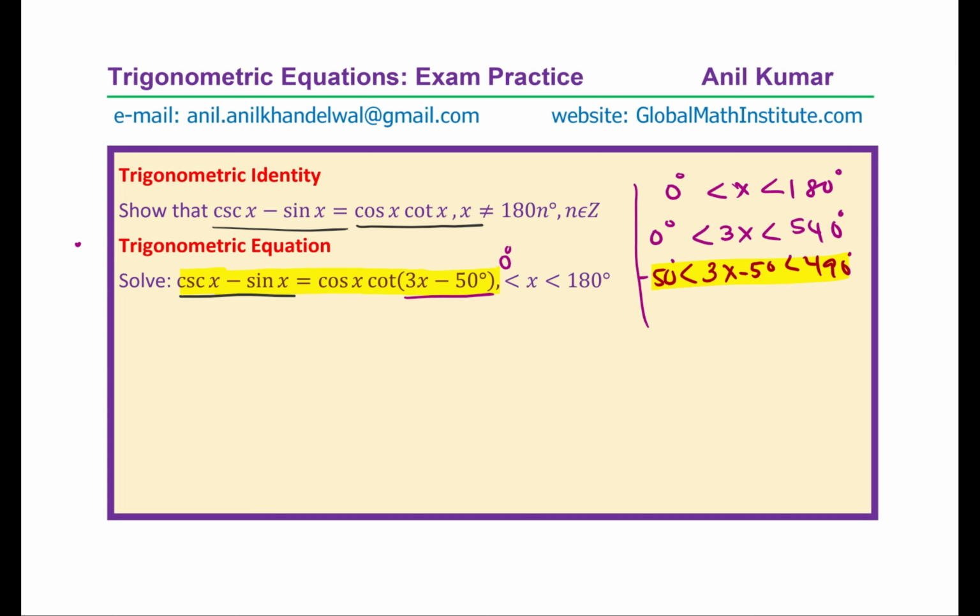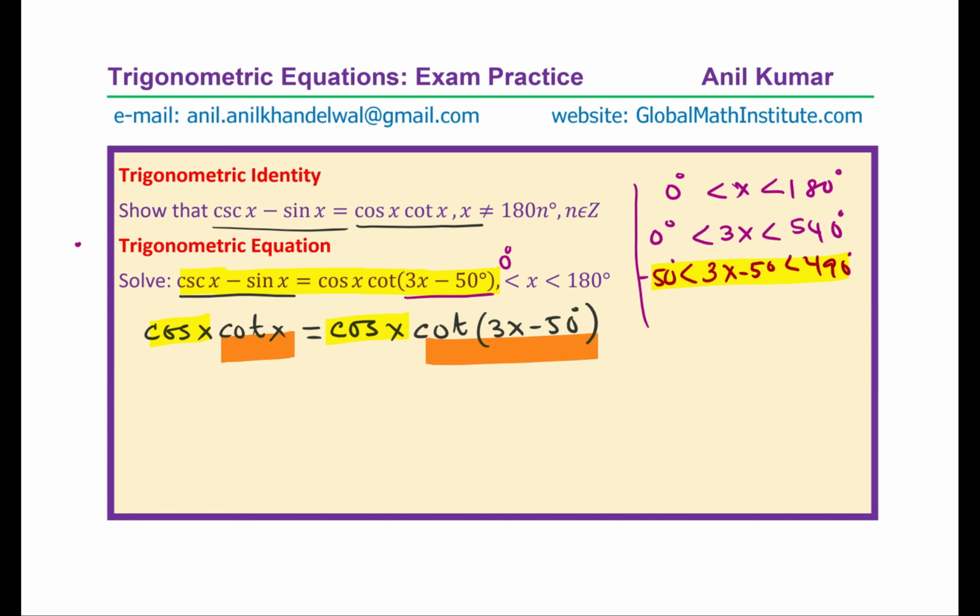So we can begin by saying that the left side is equal to cos x cotangent x, and the equation now becomes that this should be equal to cos x times cot of 3x minus 50 degrees. Correct? Now that gives you a two-part solution. One, cos x equals cos x, right? And then we can say cotangent x is equal to cot of 3x minus 50.